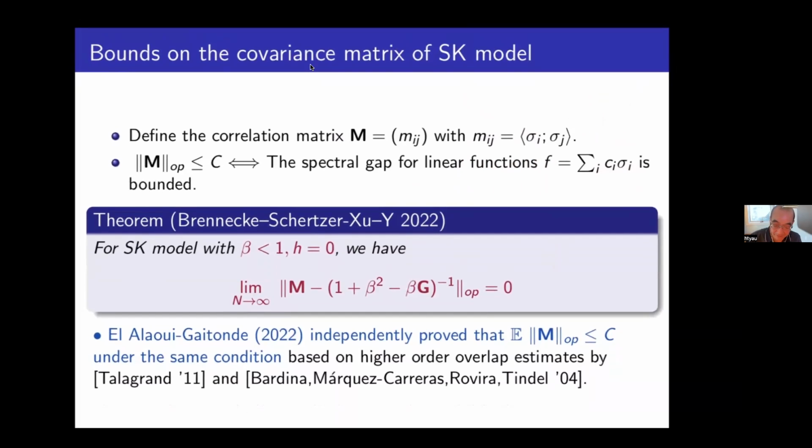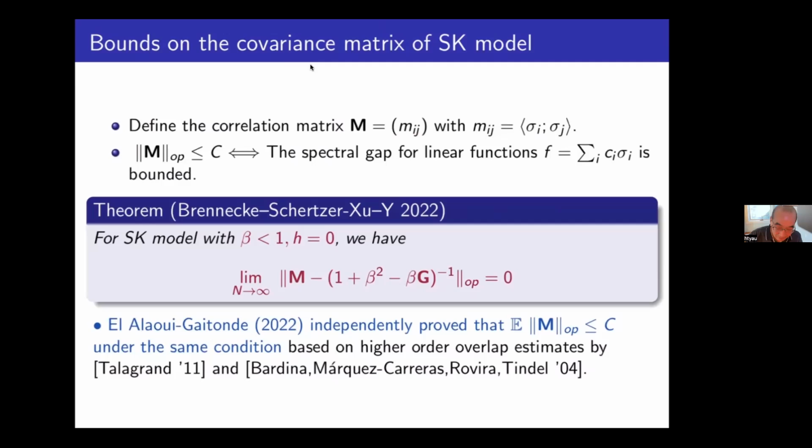For the SK model, we now define the covariance matrix, the correlation matrix, M_ij. M_ij is sigma_i sigma_j. This is really the covariance matrix or correlation matrix, depending on how you like it. Now if one proves that the operator norm of M is less than a constant, then this means the spectral gap for the linear functions is bounded. I mean, going from proving a general spectral gap to just linear functions is so lame, and it looks like you simplify the problem to almost triviality.